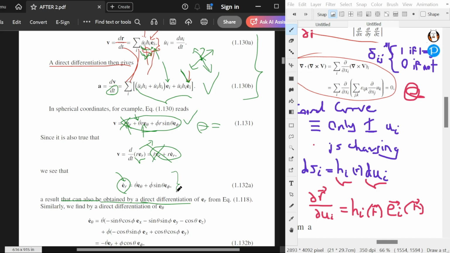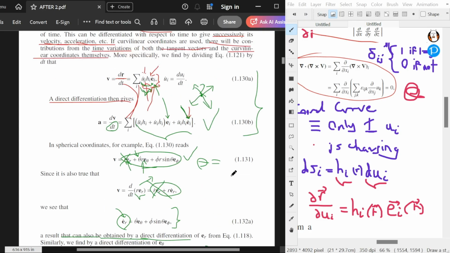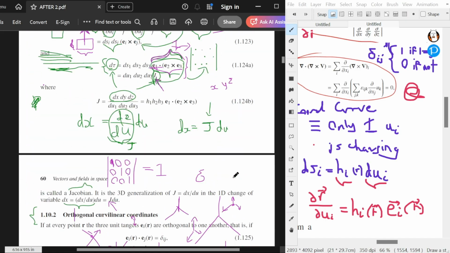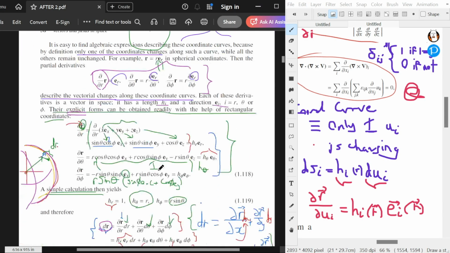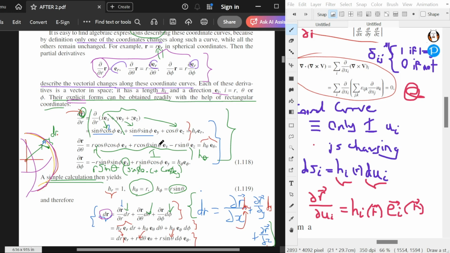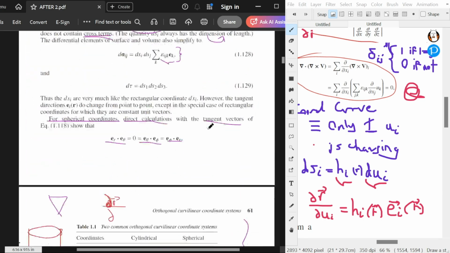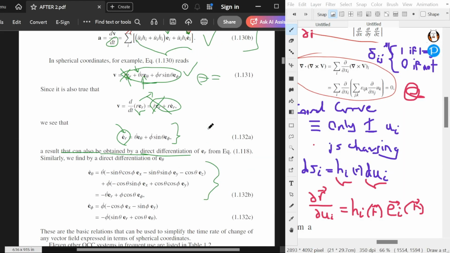Are they doing it here? I don't think they're doing it here. Let's go back up. 1.118. Okay, let's go back down. I don't know what they're getting at. I don't see any e_r's. Well, I see e_r's, but it's kind of wedged into everything.